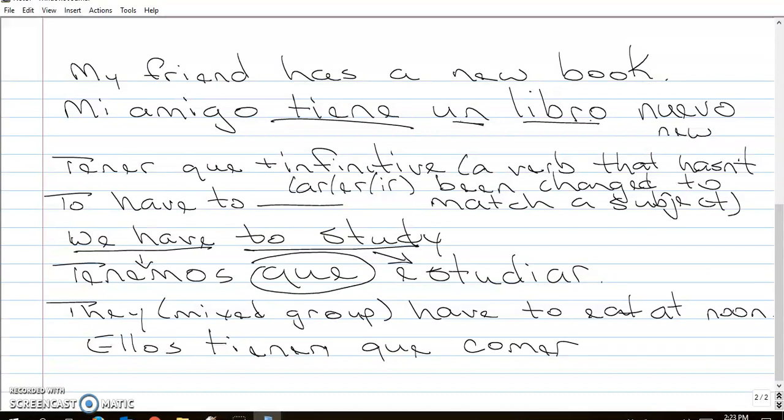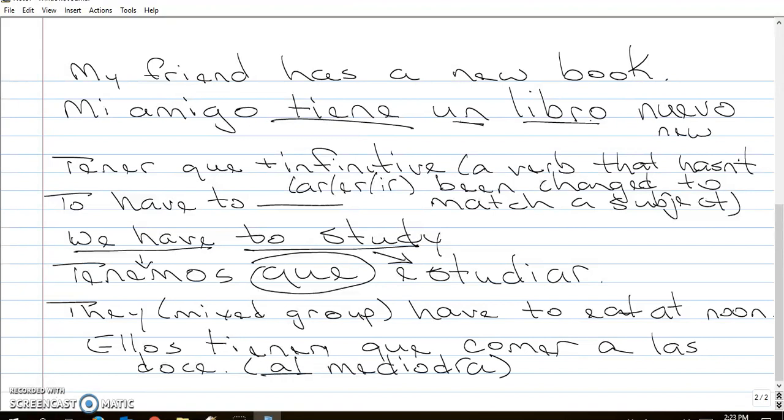So at what time something happens? A las, noon is 12, so it's plural. A las 12, at 12. Or a little better version, al mediodía.